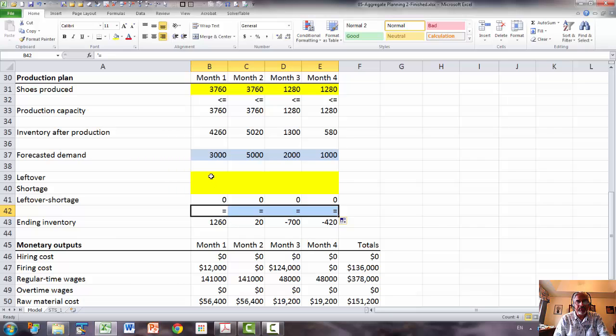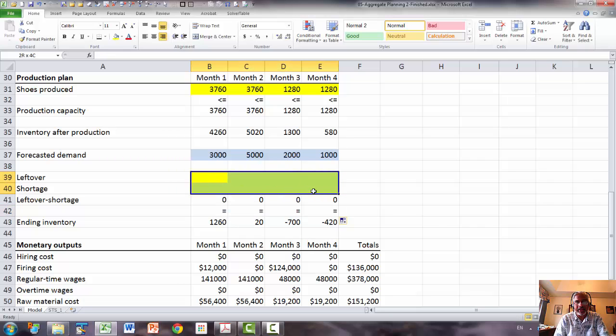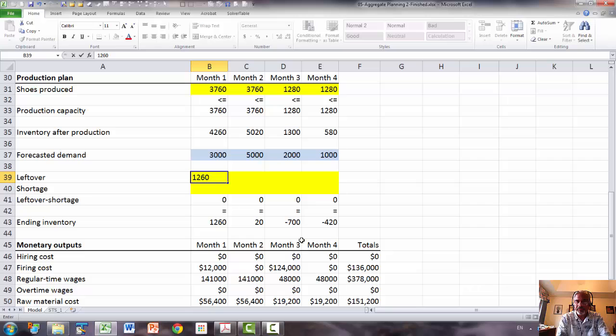And now if you set a changing cell and force the difference between the leftover and shortage to be equal to that ending inventory, then Excel Solver will have to separate it out. So if this is positive, it will put the leftover at 1260 and that will be equal.